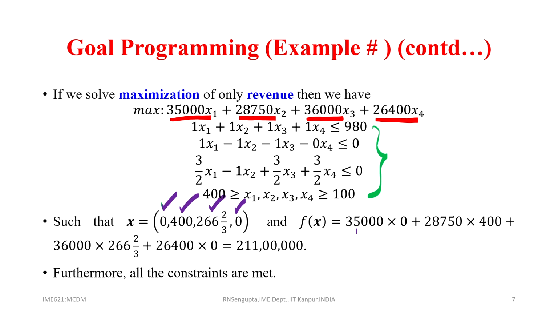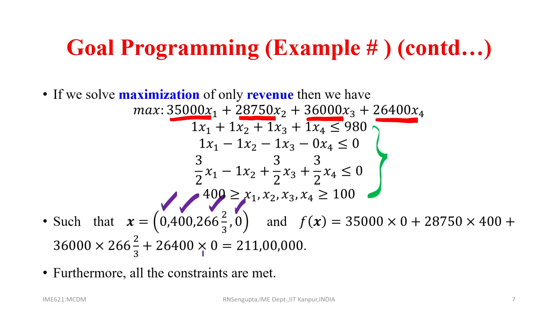So, technically the amount obtained for the revenues is 35,000 into 0 plus 28,750 into 400 for the second variable x2, plus 36,000 into 266 and 2/3, where 266 and 2/3 is the third variable, and 26,400 into 0, because the fourth variable is 0.